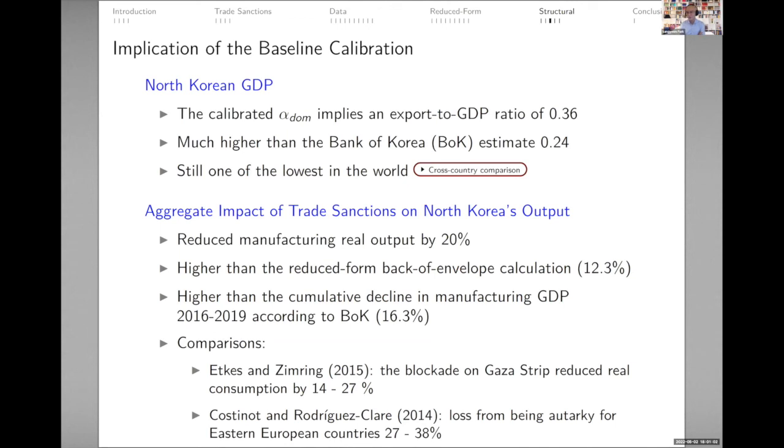Maybe inside ourselves, we weren't that comfortable making a welfare statement, whereas the real output at least fits what we were trying to do with the reduced form estimate, in the sense that we're still along that line of trying to find the change in manufacturing output. But yeah, as Moonsub said, welfare is something we can easily add to this analysis.